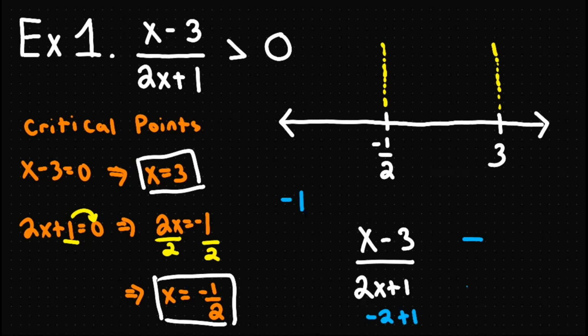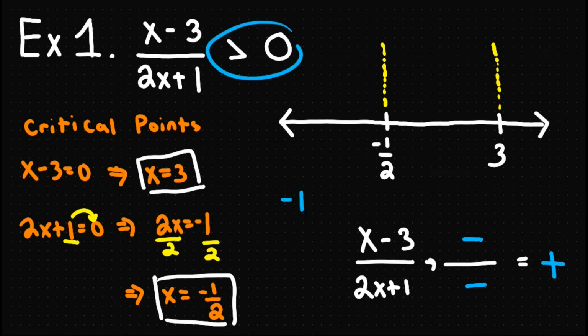So we'll have a negative on the denominator. And negative over negative will give us a positive value. And if it is a positive value, then we know that the outcome is greater than 0. Therefore, we say that in this region, the inequality is true.